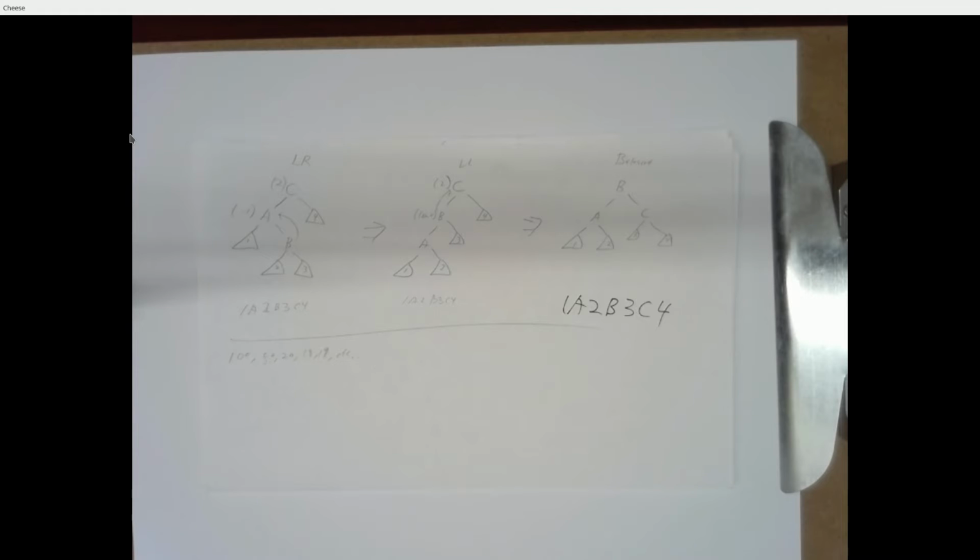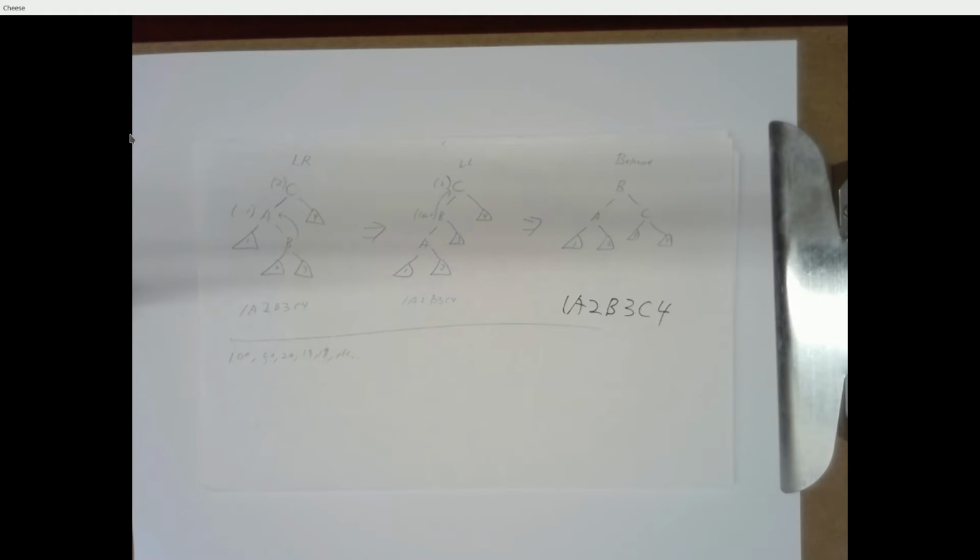We need to preserve that search order after we do this rotation to make an LL case, and we can do that by assigning the children as follows. So we move 2 from B's left child to become A's right child, because A is coming down here.